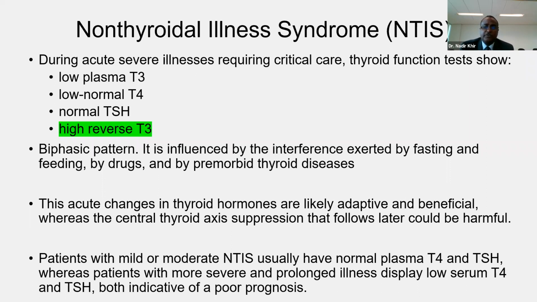They're trying to preserve energy. So the hypothalamus will slow down the TRH stimulation of the pituitary, and the TSH also will go down, and the T4 and T3 will go down because the thyroid also does not want to produce more thyroid hormones in this sick state. So some people think it's a protective mechanism by the brain.